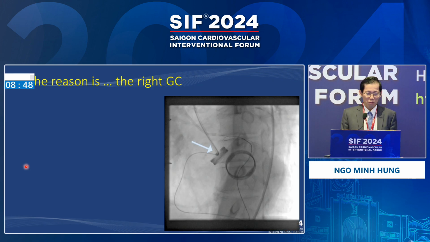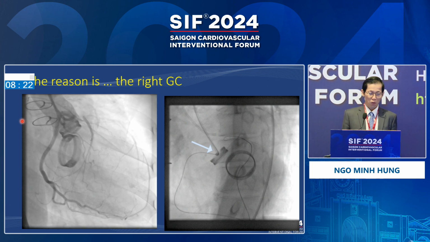Look at this. So I discovered that the AL1 is a very strong backup, but we have to be very careful, because sitting on the valve it cannot open enough to get the blood out from the LV to the aorta. So we have to remove it. We know that it's a strong guiding catheter, but I have to exchange it to another guiding catheter, a JR guiding catheter.